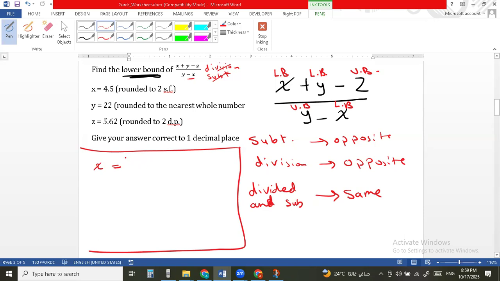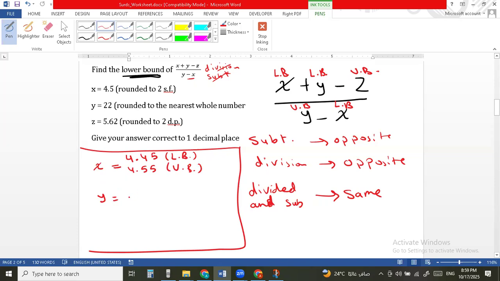So the lower bound is 4.45. This is the lower bound. Upper bound, it is 4.55.